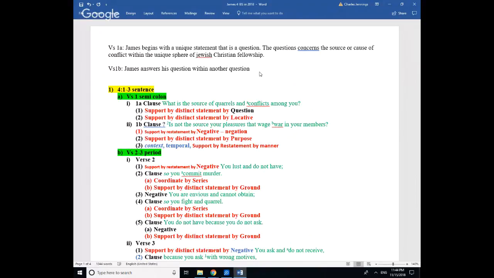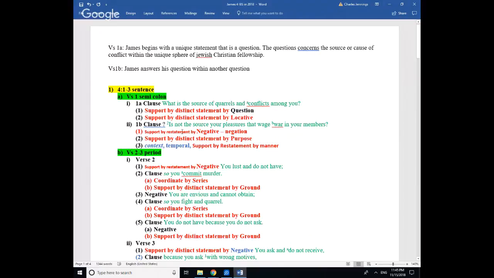It's like he's explaining that it wages wars. He's like, where do they come from, right? And in this one, he's saying it wages in your own members. So even though he's answering this question, he's asking another question at the same time.